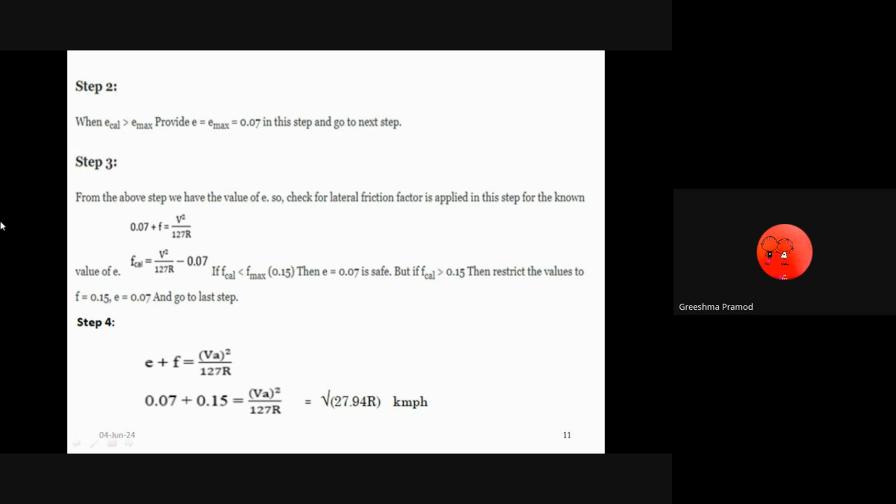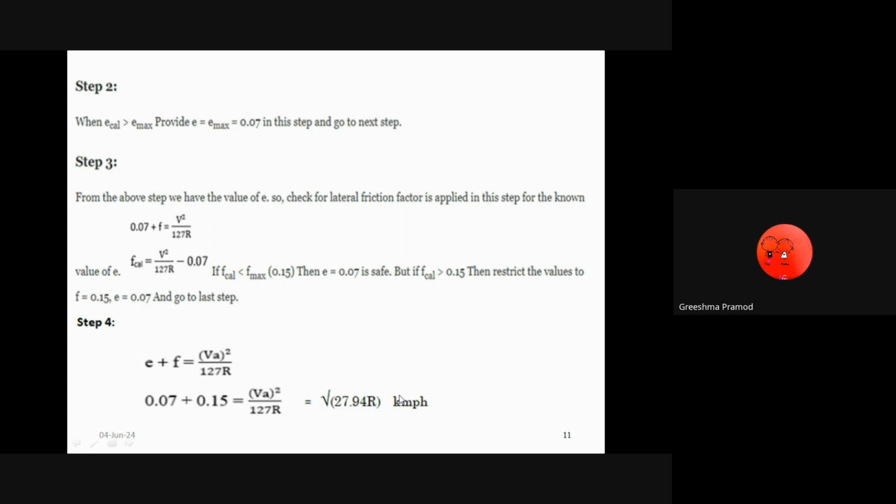To find the allowable speed in step 4, E plus F is equal to VA square, that is the allowable speed square, divided by 127 R. Substituting the maximum values of E as 0.07 and F as 0.15, we can simplify this equation. VA is equal to root of 27.94 R in kilometer per hour.